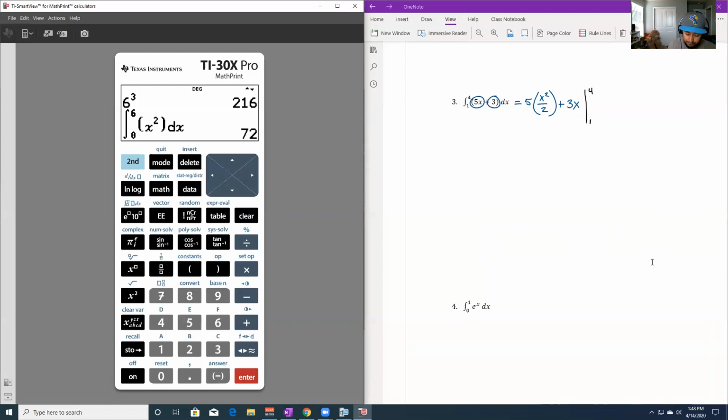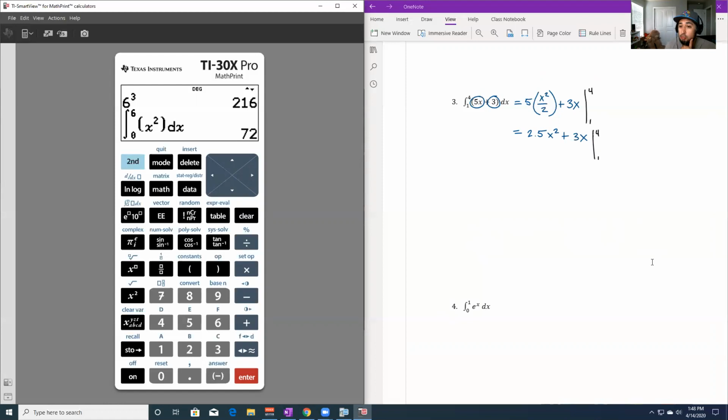But let's make it look pretty. Okay, so we know that 5 halves becomes 2.5 x squared plus 3x, and we're still going to evaluate this because we haven't done it yet. We're still evaluating this from 1 to 4.